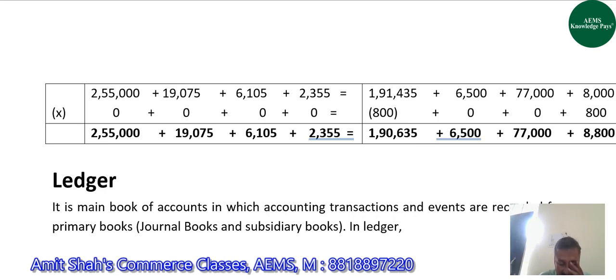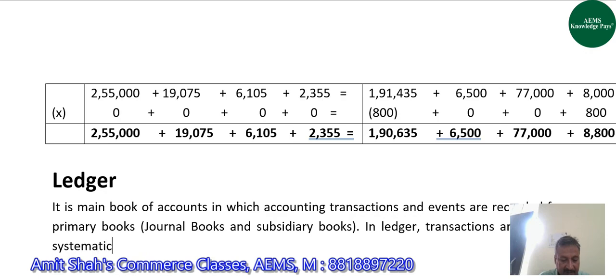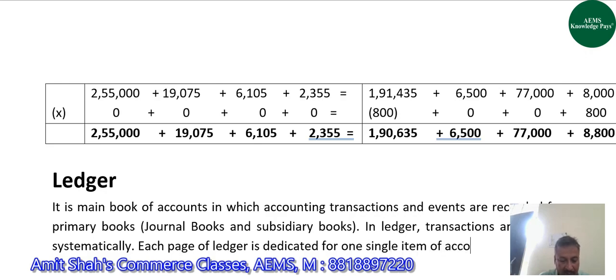In ledger, transactions are recorded systematically. Each page of ledger is dedicated to one single item of accounting, say sales.